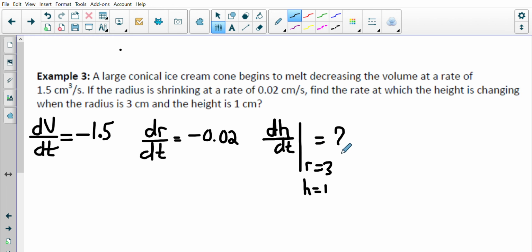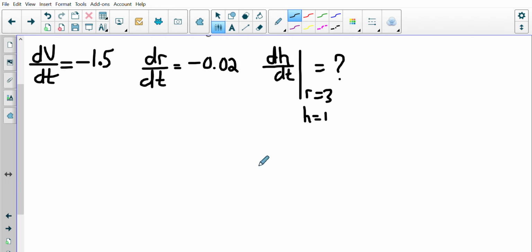All right, so again, we just went through the formula for the volume of a cone, which again is V equals 1/3 pi r squared h. Now, here's where the difference is. Not only do we not have a relationship between r and h that we can make a substitution with, but we've got 3 different rates.